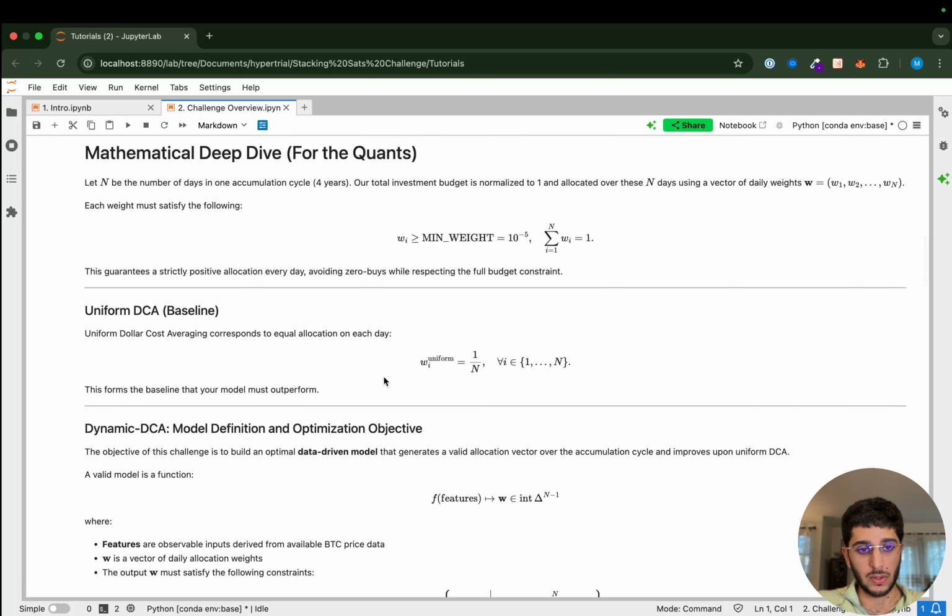Now, we can think of a uniform strategy as simply a point in that simplex. It's the point that has all its allocations as 1/n, hence the word uniform. If you were to plot its weights over all n days, it would just be a flat line.